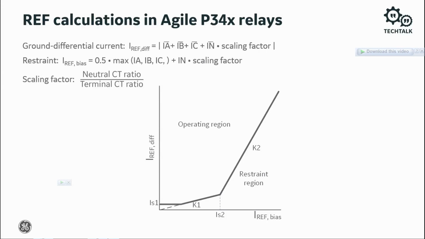However, if any differential spill current is present under normal conditions from CT mismatch, the IREF K1 can be increased accordingly to compensate. A setting of 20% is recommended. Typical settings for IS1 are 10 to 60% of the winding rated current when solidly earthed, and when resistance grounded, 10 to 25% of the minimum earth fault current for a fault at the generator terminals.